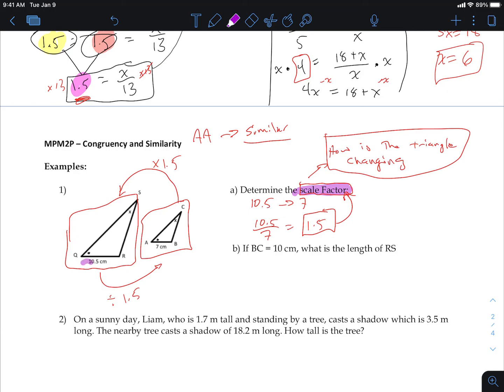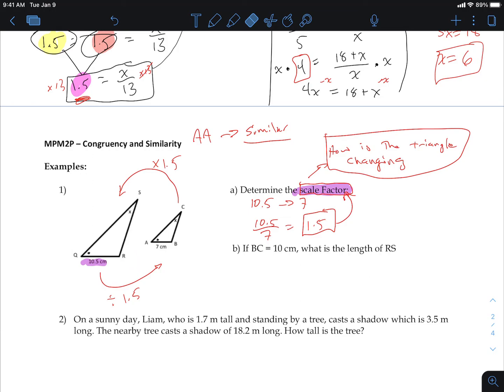Remember, I found that from looking at the two side lengths that were similar or matched up side by side, right? When I drew the triangles. Okay, you don't want to match 10.5 with CB because those two side lengths aren't similar, right? They're not the corresponding side lengths. Okay, so for instance, I'm going to leave this up here for a sec. Those two arrows.